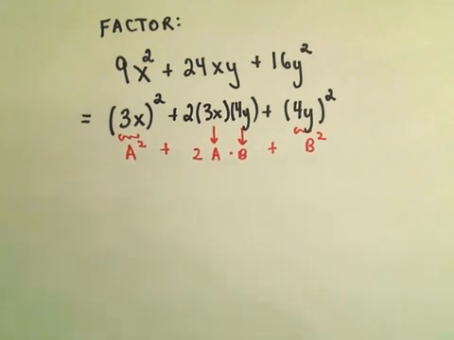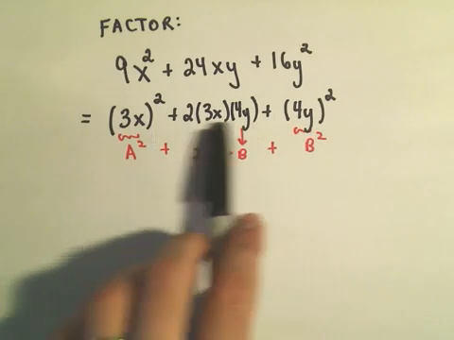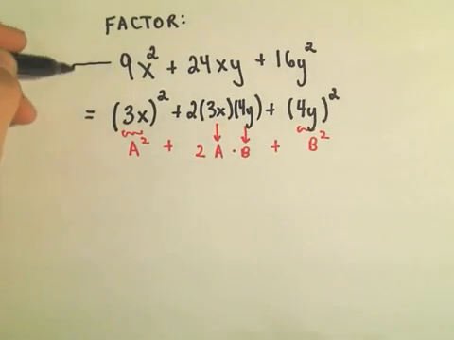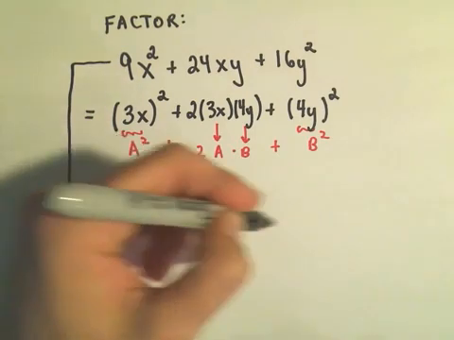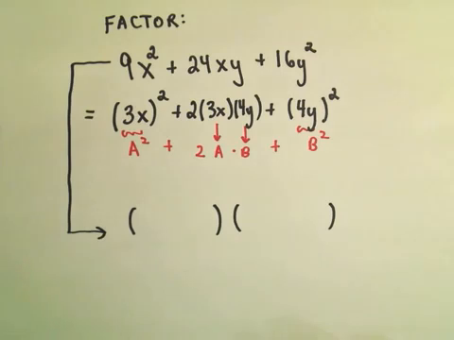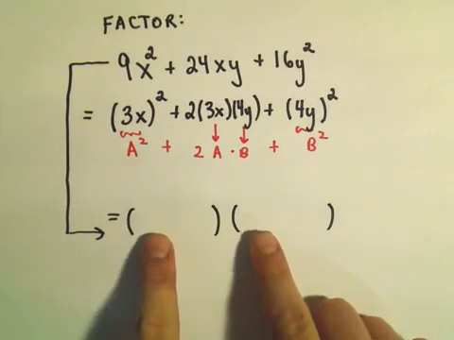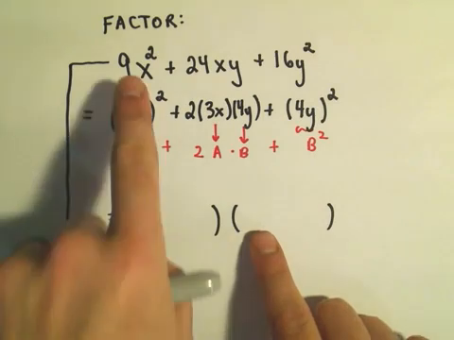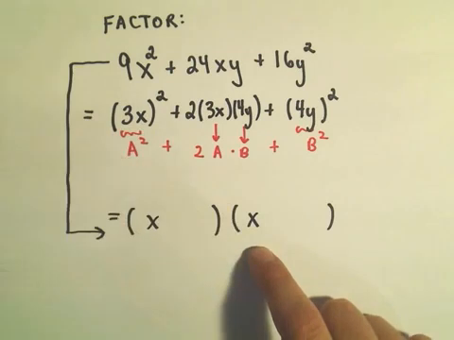Typically though, I don't really recognize this so much. If I see a problem like this and I have to factor it, I kind of just cross my fingers and hope that things work, and if not, I start changing them. Again, in each of the parentheses, the first term, to get an x squared, I'm going to need an x and an x.